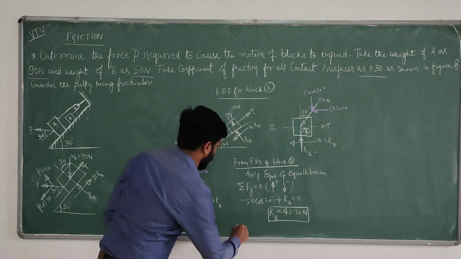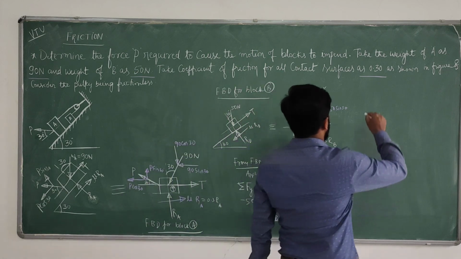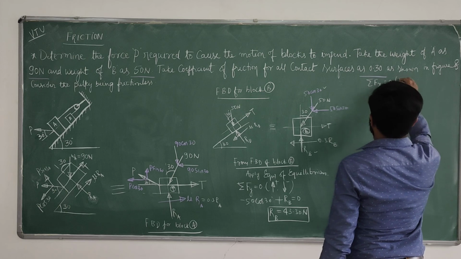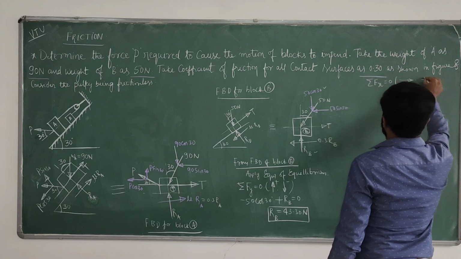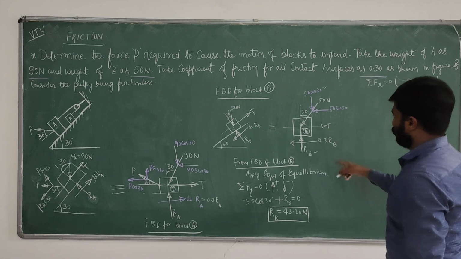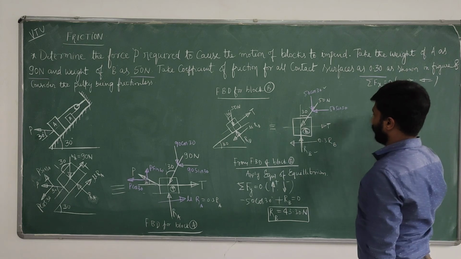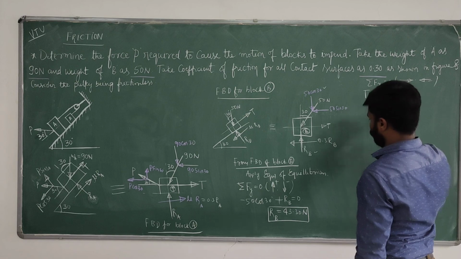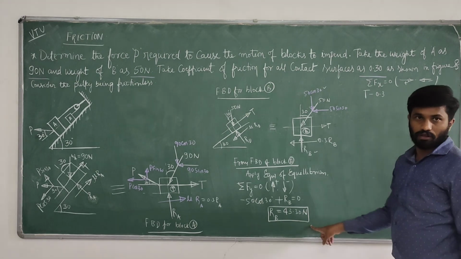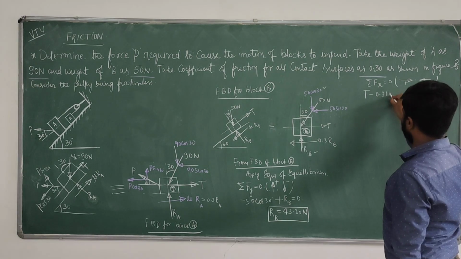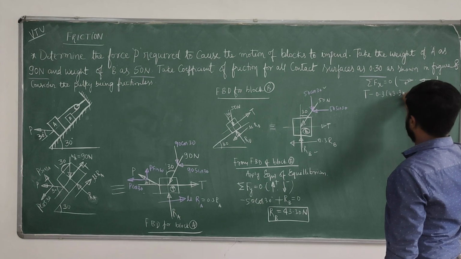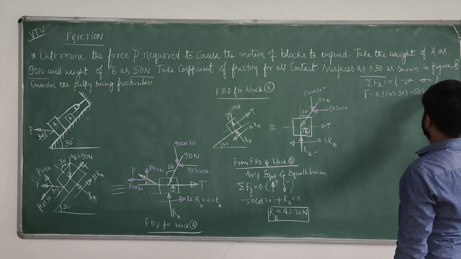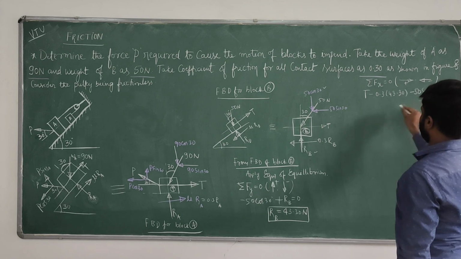Now apply sigma Fx equals 0. For this, all right side forces are positive and all left side forces are negative. We have 3 forces. So plus T minus 0.3 into RB, but the RB value is known, 43.30, and minus 50 sin 30, which equals 0. Taking this to the other side, it becomes positive.